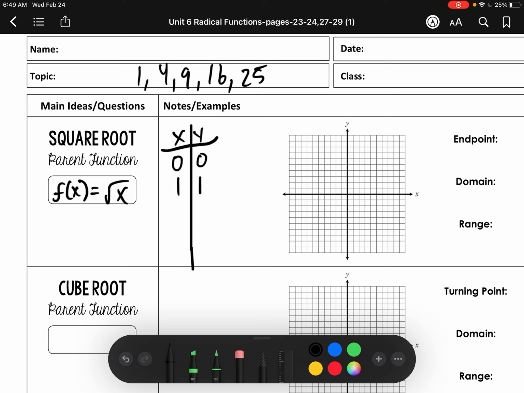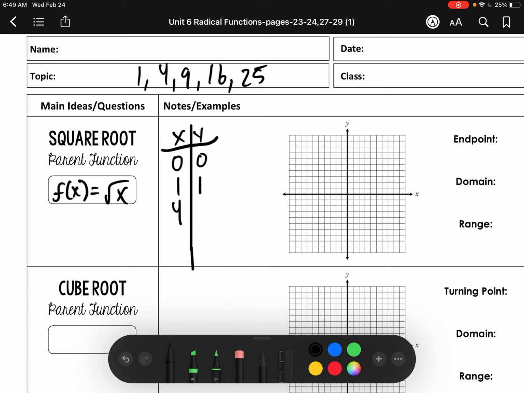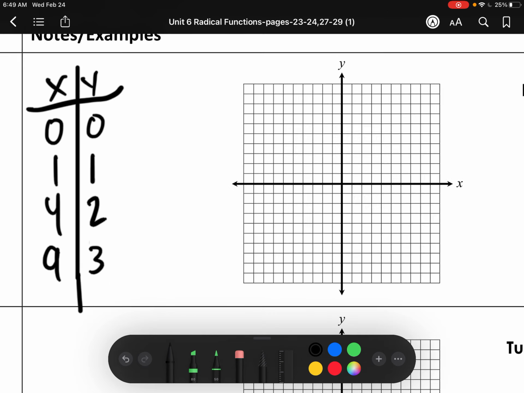So now instead of going to 2, because the square root of 2 is not a whole number, we're going to skip to number 4, right? So when we plug in 4 into this function, the square root of 4, if we're only taking this principal root, is 2, right? And then if we go to 9, when we plug in 9 into this function, we get 3, right? So now we can graph those points.